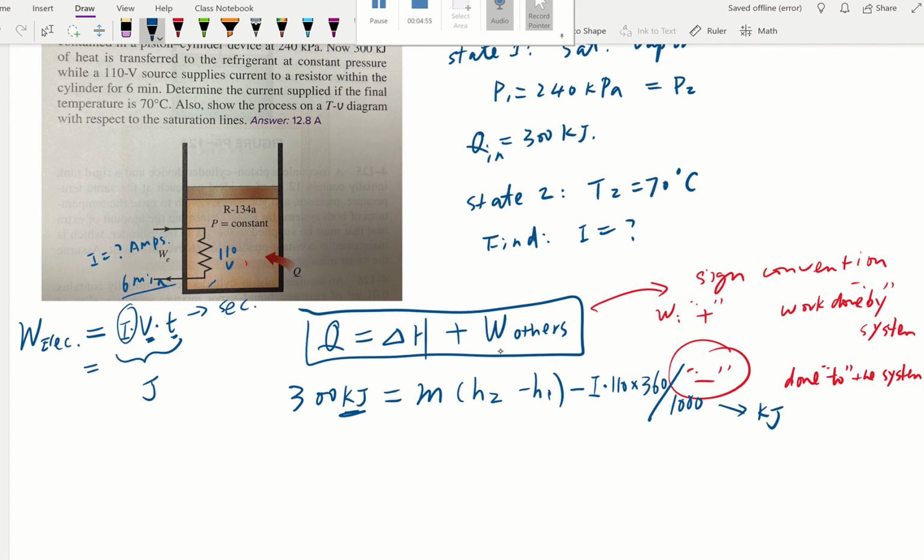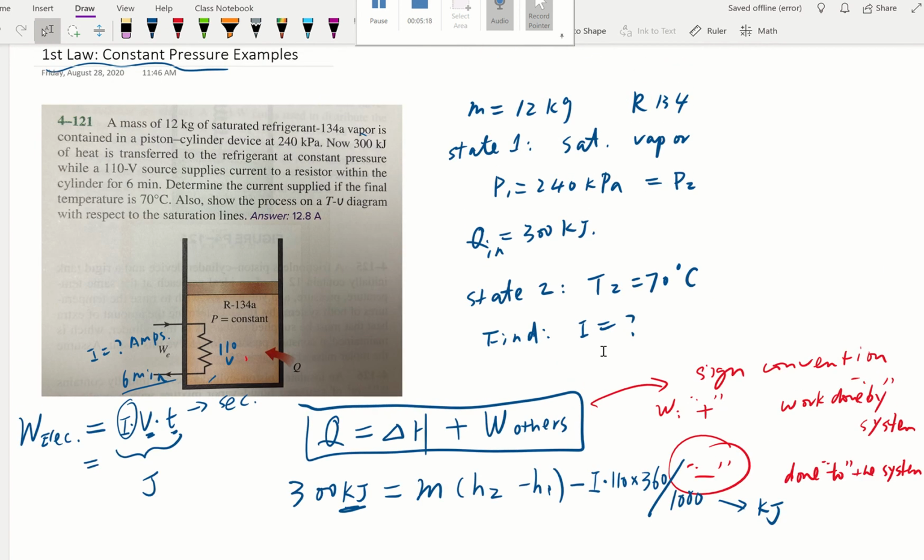We know the heat coming in is 300 kilojoules, positive. And we know the work others, which is work done to the system, so it's negative. And we're solving for I, the current. So the only thing we need to solve is H2 and H1. How do we find H1?